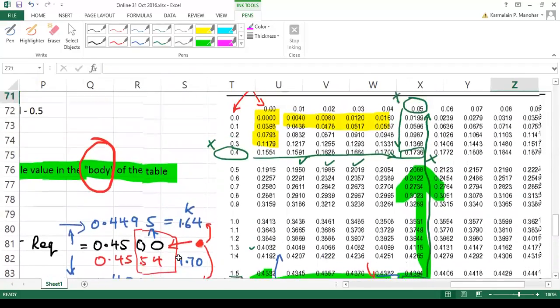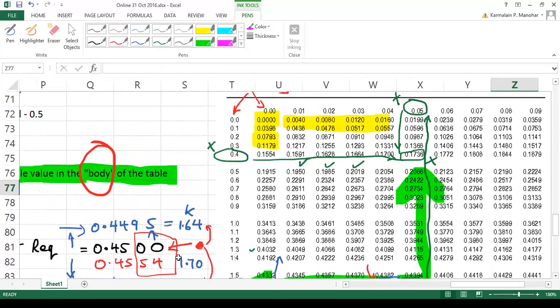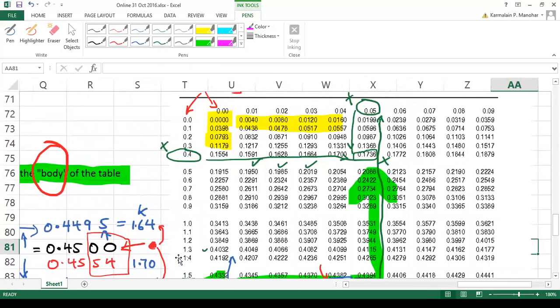So 0.40. What's the closest thing we get to 0.40? Somebody could shout out a number at me. Anita's speeding there. I wanted the number in the table. So the closest number in the table to what we're looking for is 0.3997.